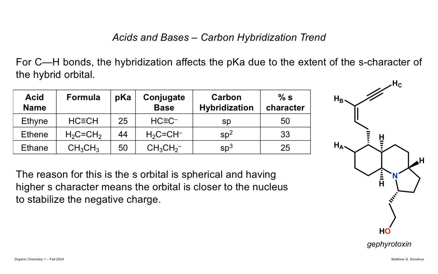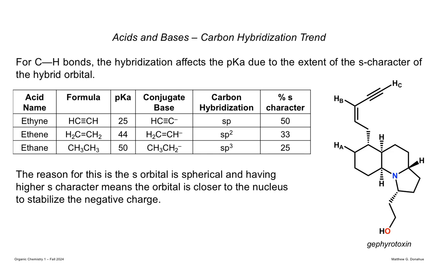So let's focus now for a little bit on CH acidity. And so this slide is showing you how the hybridization of the carbon atom affects the pKa value. So here's a molecule that we've seen before, gifratoxin, where we're going to observe that and validate it based on some functional groups that we see.